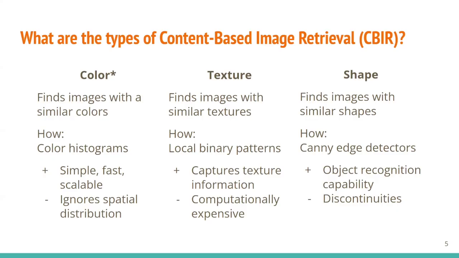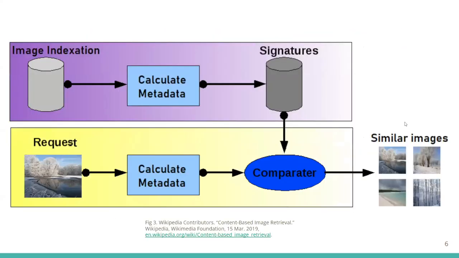Now let's look at this next diagram. This one is a more descriptive overview of what the CBIR framework actually looks like. On the bottom left-hand corner, we have a snowy, almost blizzard-like image, and this is our request query.